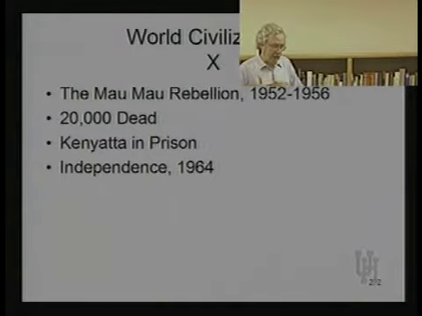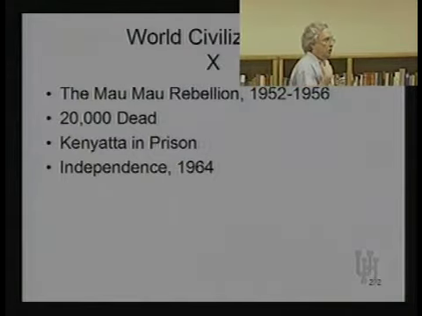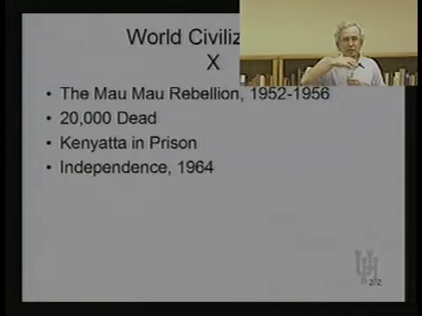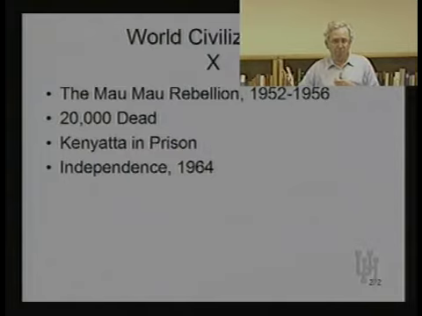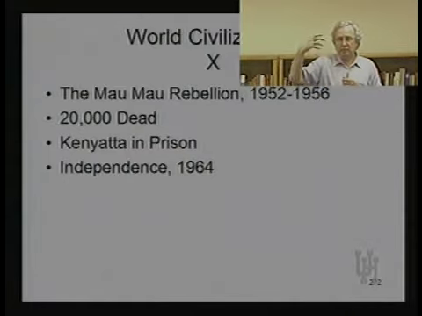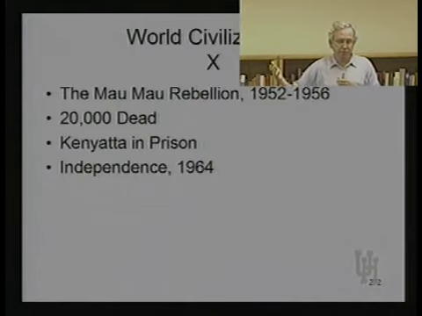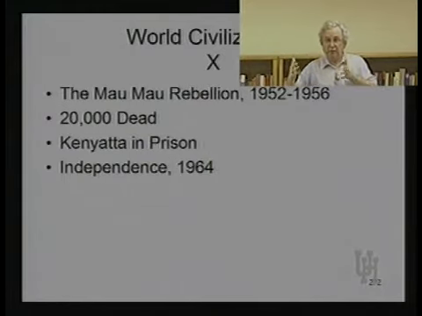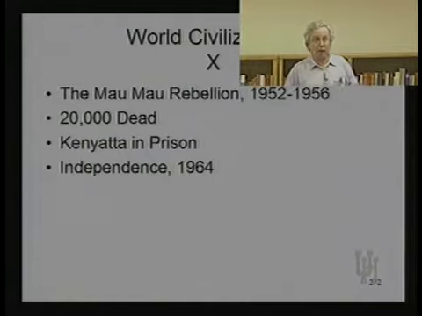Now, Jomo Kenyatta was not a leader of the Mau Mau. He was a political leader. He was the leading figure in a Kikuyu confederation, which was, in its total, a political movement.